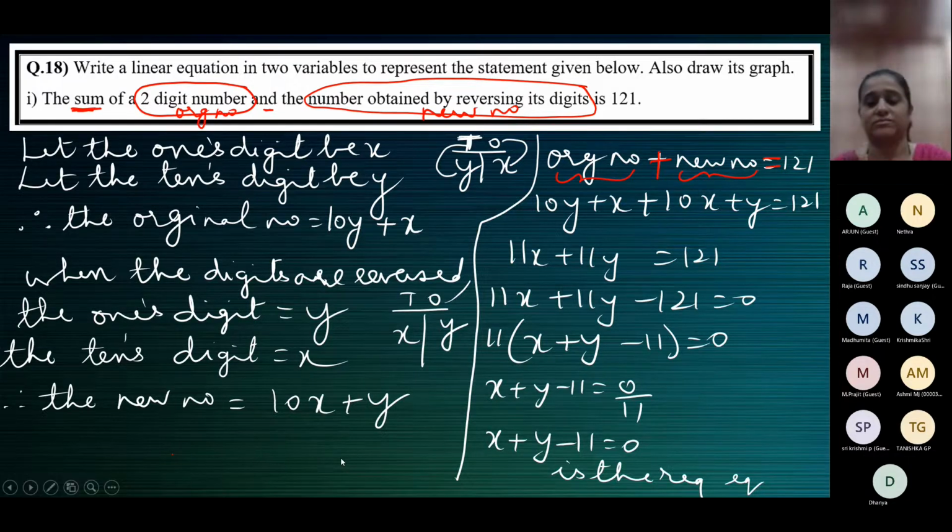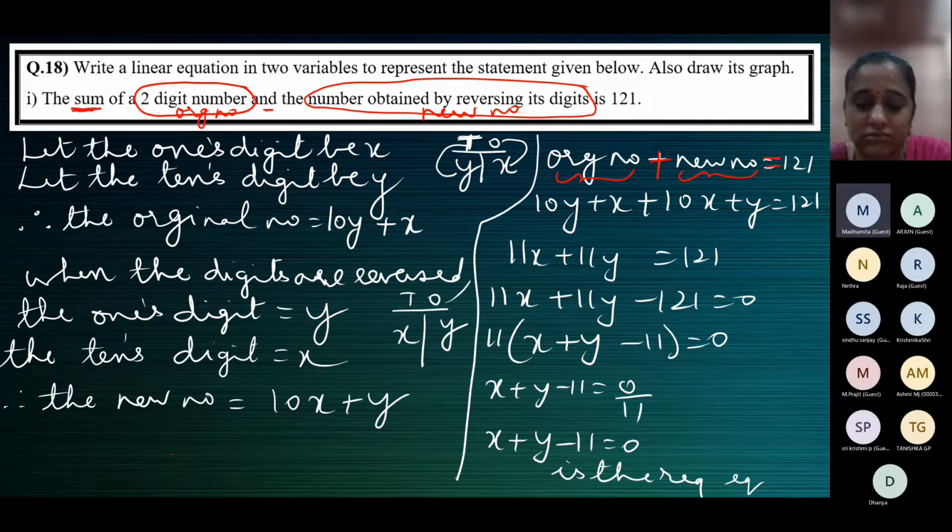Yes, class, let me know where I have to make it more clear. Ma'am, I got the same answer and I'm clear with this concept. Very good. No doubts, ma'am. Very nice.